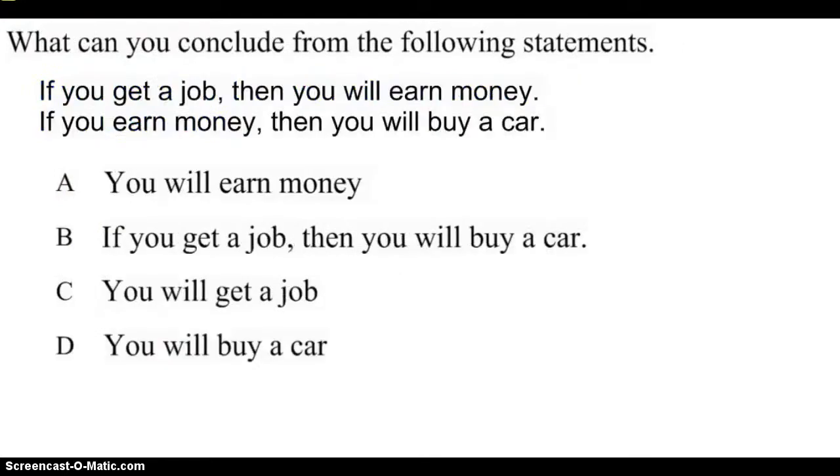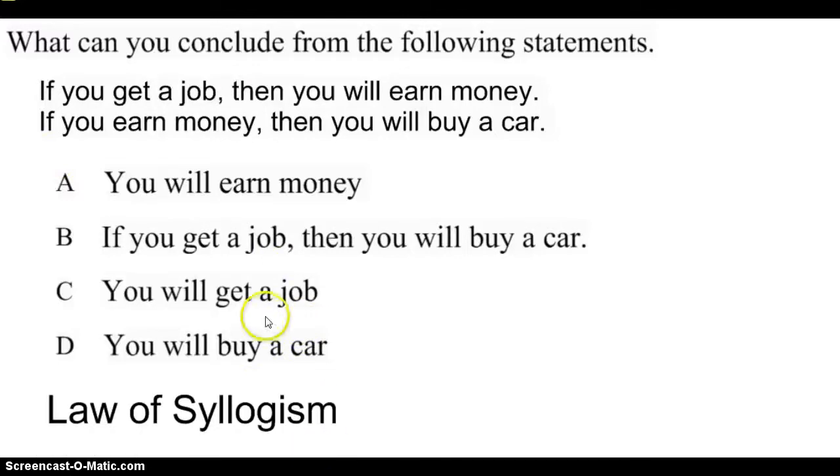And then the last thing our textbook talks about is the law of, and I'm probably going to mess up the word, syllogism. Syllogism, that's how they pronounce it. Okay, and it's basically saying if you get a job, you will earn money. Now I'm repeating the conclusion. If you earn money, then you will buy a car. So out of A, B, C, or D, what do you think you can do with those two sentences?